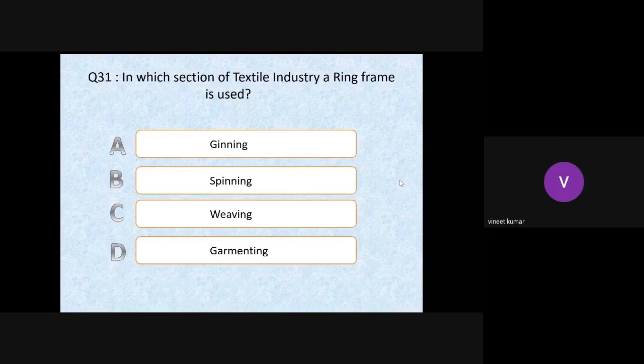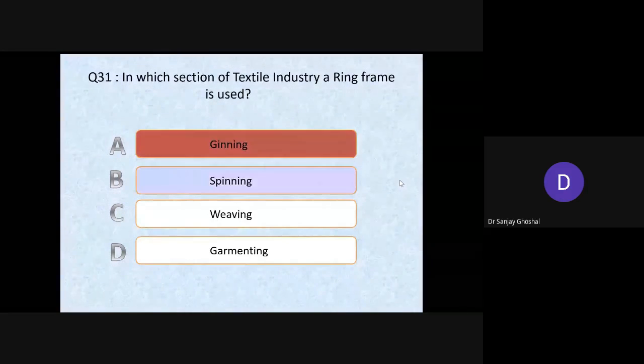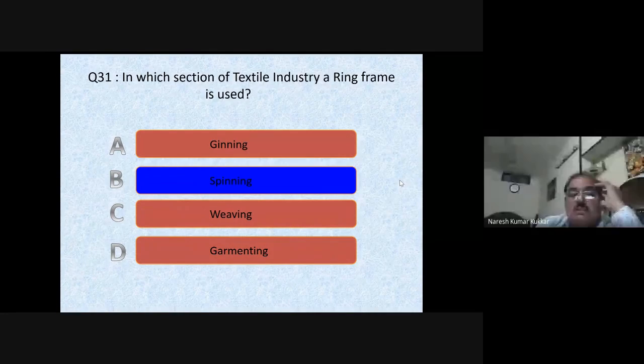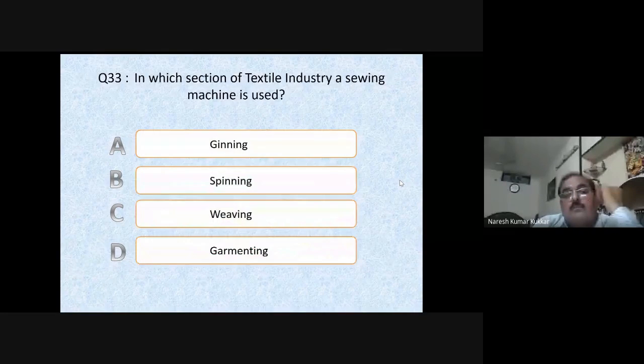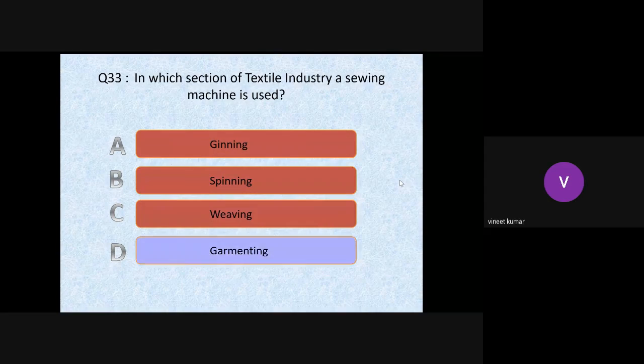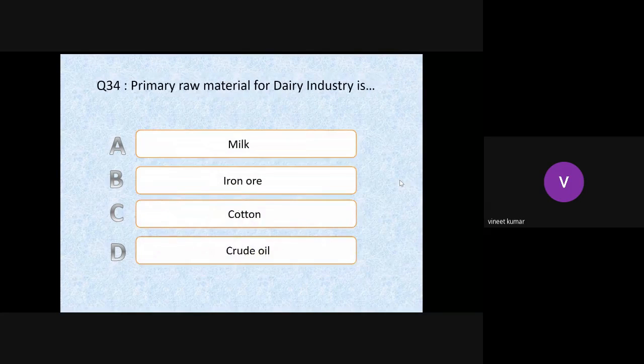D. Spinning frame is used in a spinning machine. C. D. A.